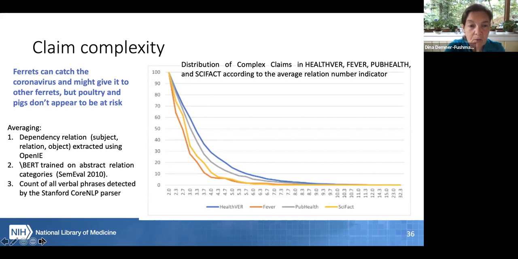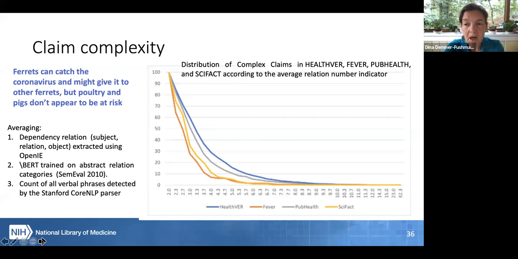So given that whole claim and finding a sentence, for example, that pig has COVID, is the claim refuting the sentence or not? Because there's hedging about pigs and maybe they meant that ferrets cannot infect pigs.